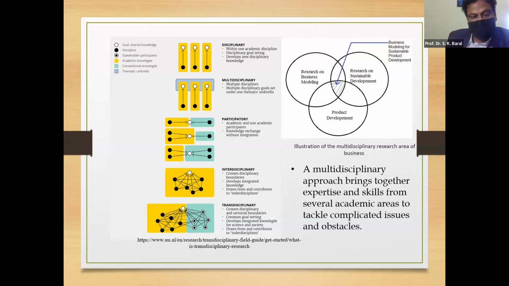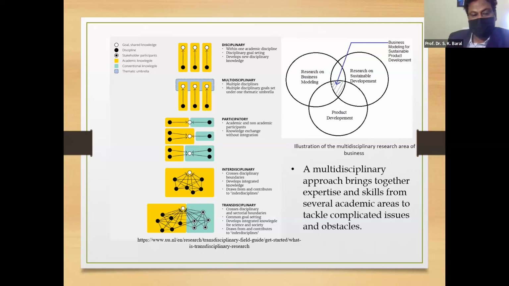And the next one is transdisciplinary. Transdisciplinary, again, it is based on the conventional knowledge as well as academic knowledge. Less conventional knowledge, more academic knowledge. So in that case, the common goal setting will be possible.